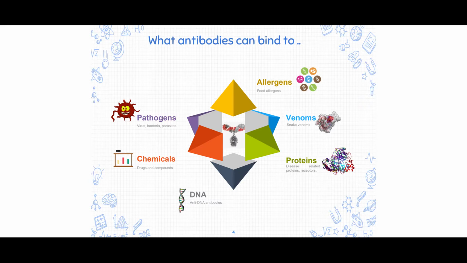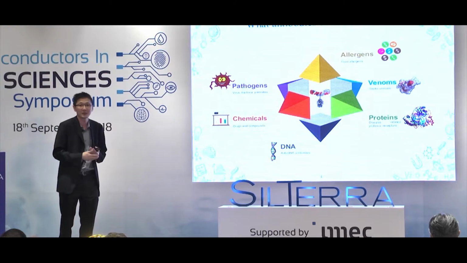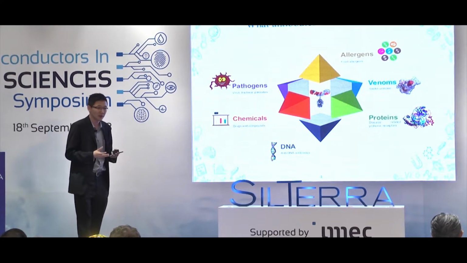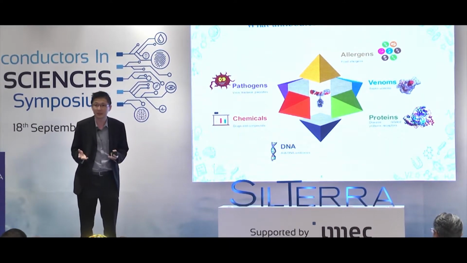Why antibodies are very useful is because in each one of you right now, what's circulating in the highway of the bloodstream is close to 1 billion antibodies at a given time. So 1 billion antibodies have the potential to bind to 1 billion different targets.